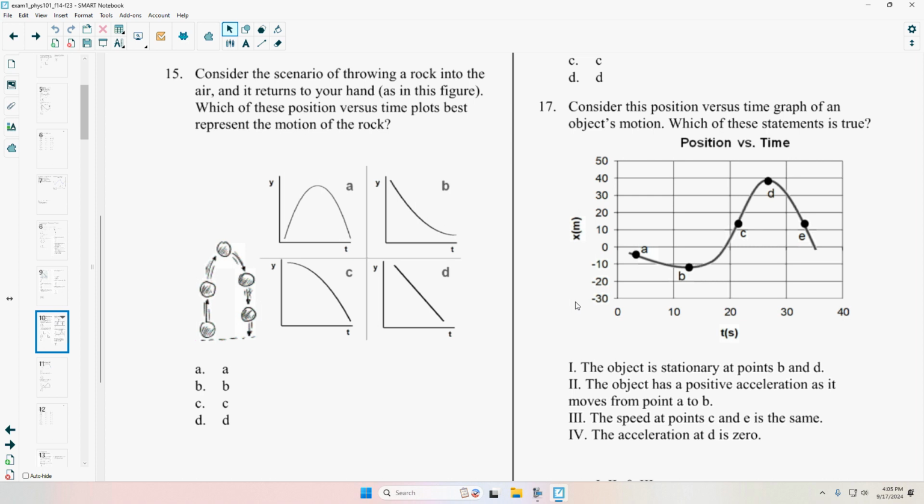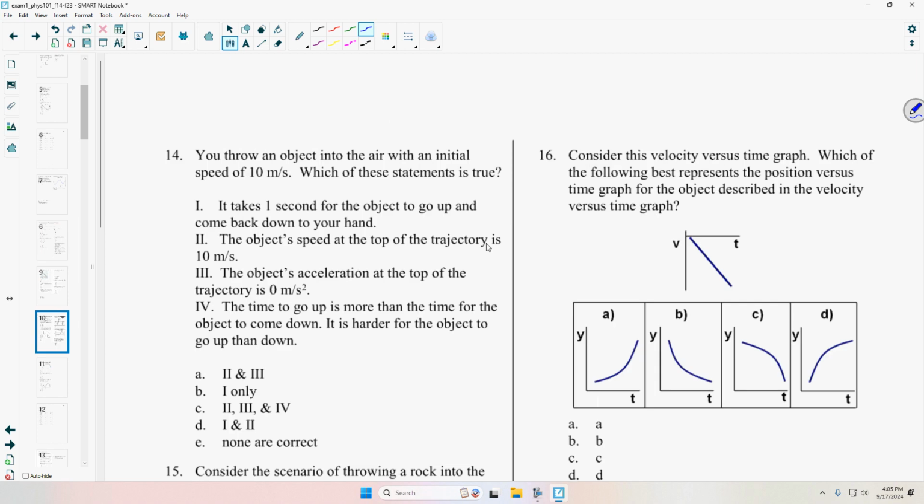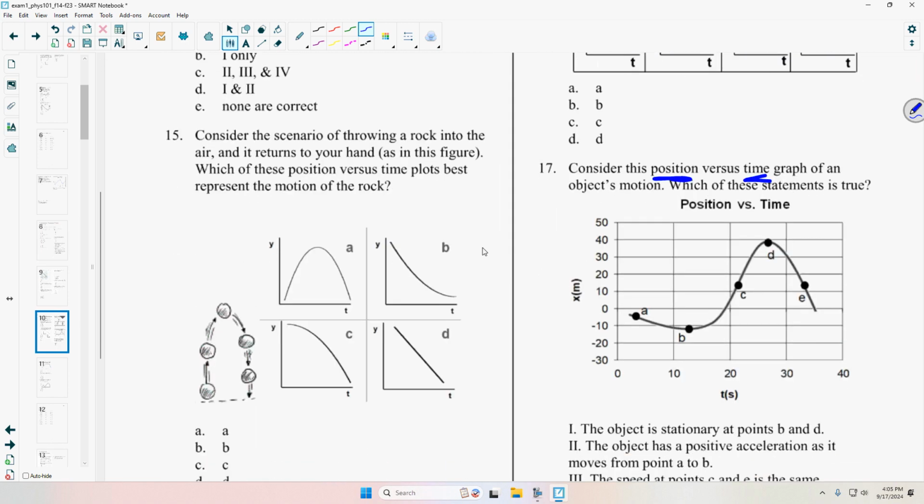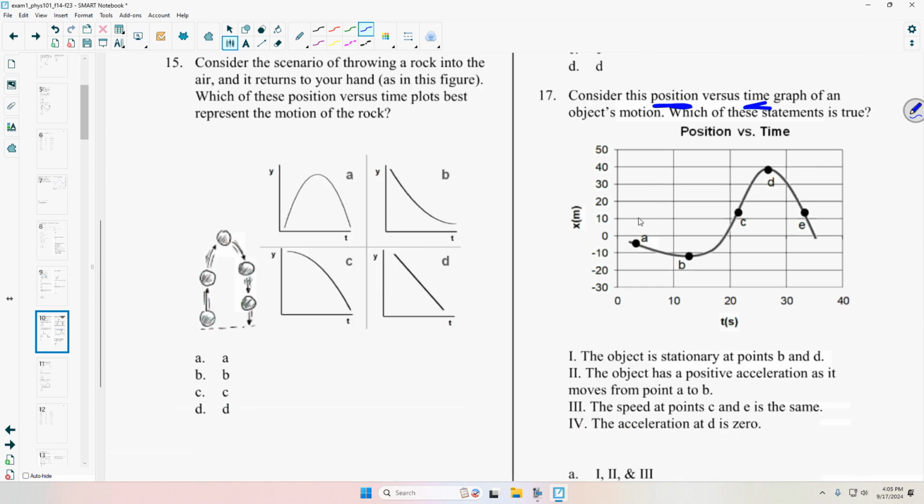You just want to go through each statement. First, recognize that this is a position versus time graph. Did anybody catch which one this is? This is fall 22. And I want to assess each of these statements.